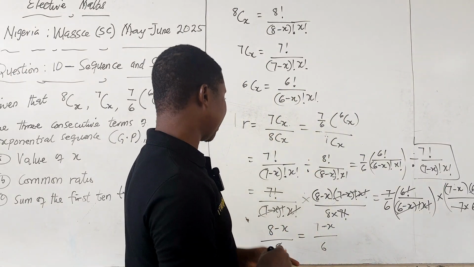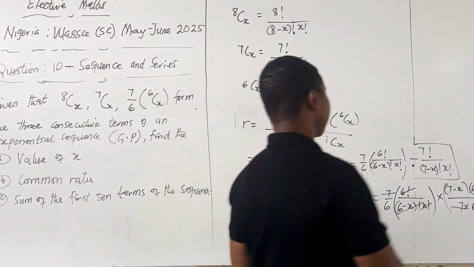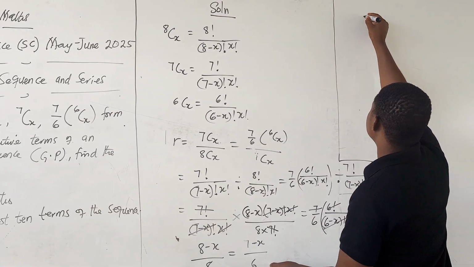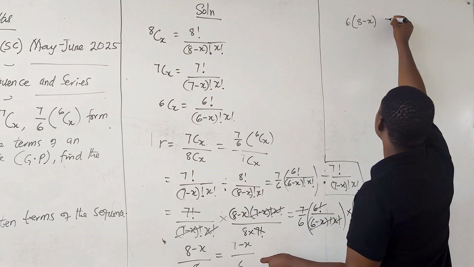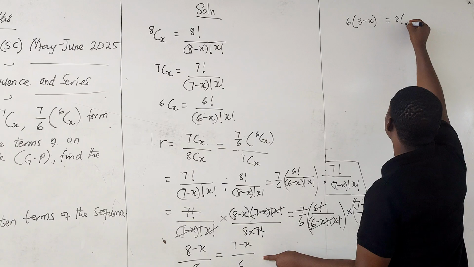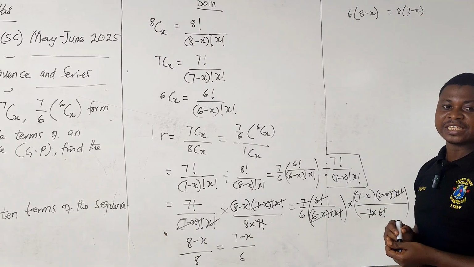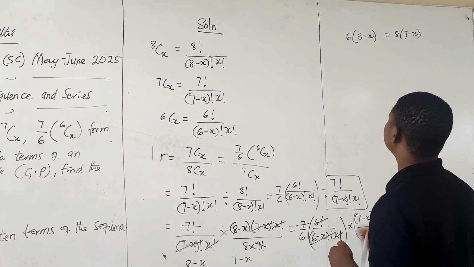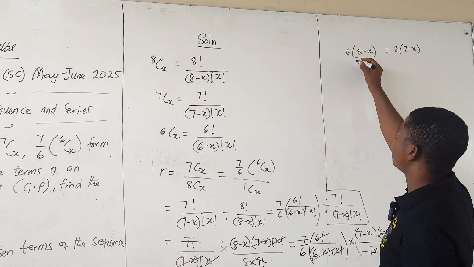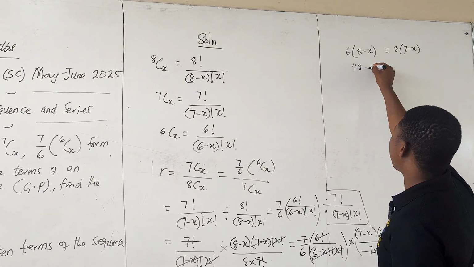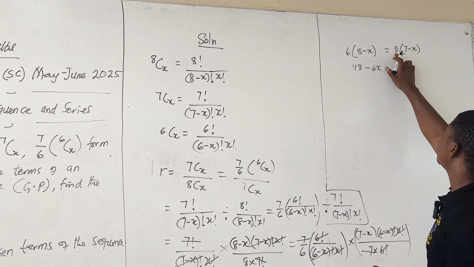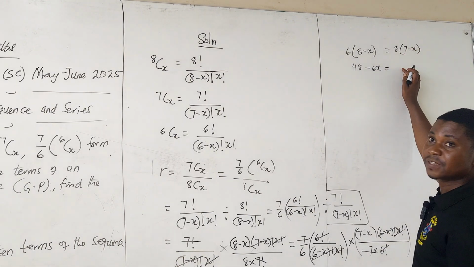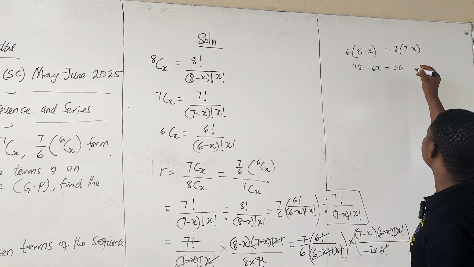So at this stage, we can just cross multiply. We have 6 multiplying 8 minus x is equal to 8 multiplying 7 minus x. Expanding, we have 48 minus 6x is equal to 56 minus 8x.